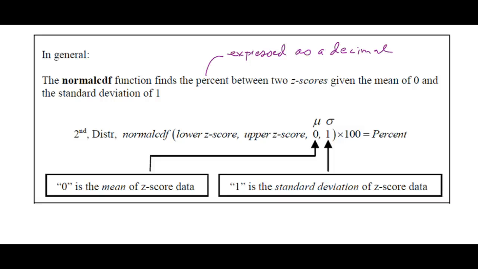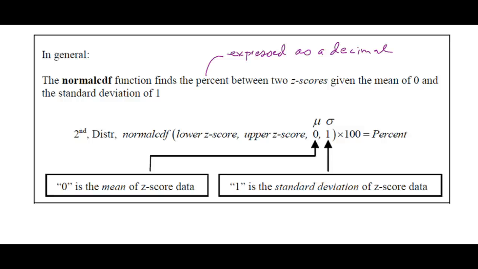Second function distribution, normal CDF. Now either you get the menu, like you've seen up here, or you get an open parenthesis, right? And then you put in lower z-score, comma, upper z-score, followed by the mean and the standard deviation if you want, but they will default to 0 and 1. Multiply that by 100, you get the percentage.